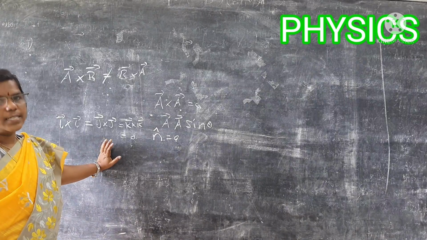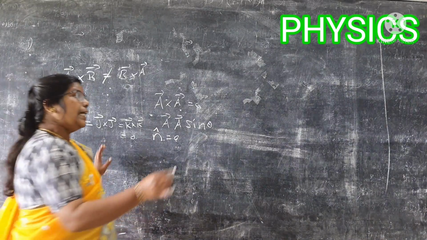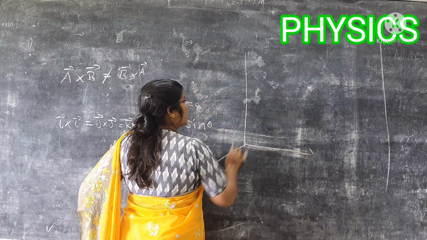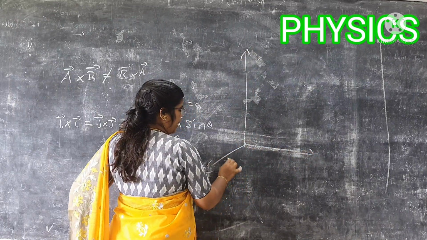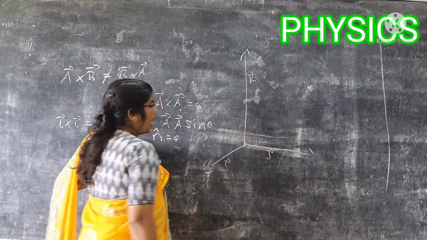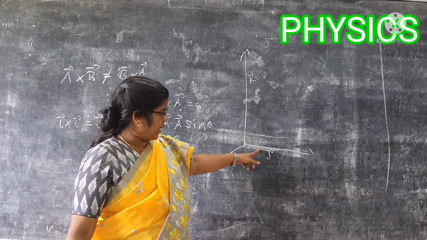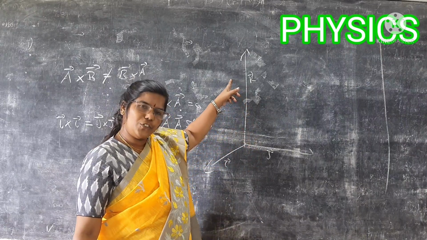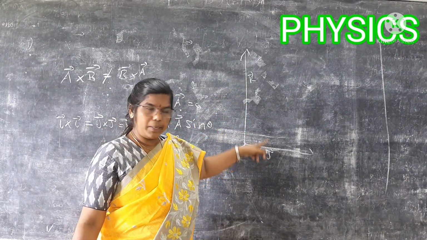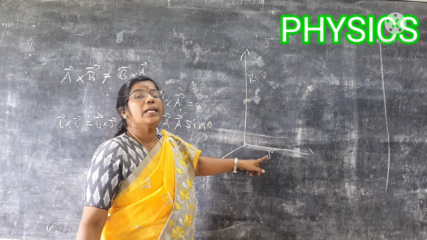Okay, equal to 0. Then the next point is, in the case of these orthogonal vectors, if this is taken as I vector, this is J vector and this is K vector, I vector cross J vector will be equal to K vector.